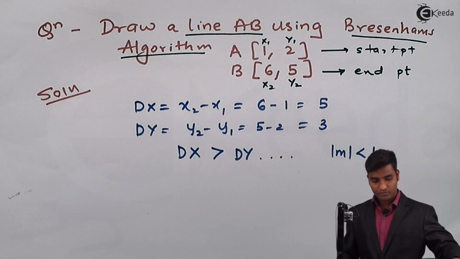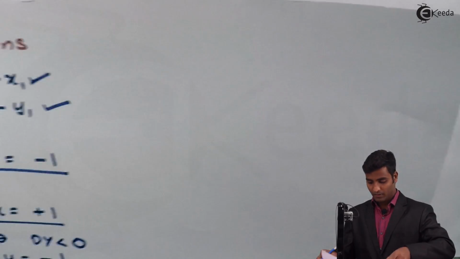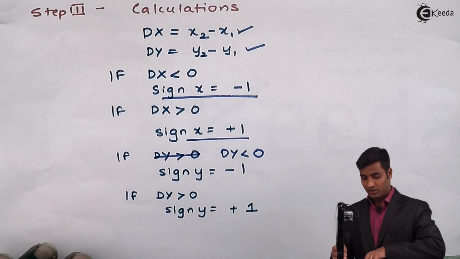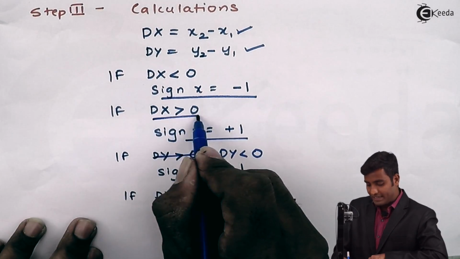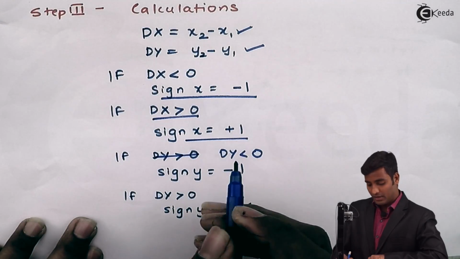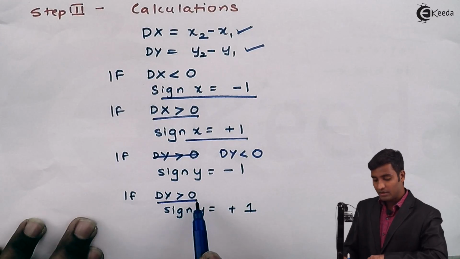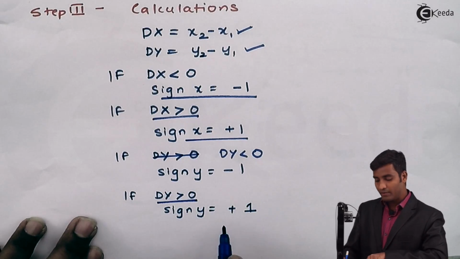So now you can see here we have dx greater than 0, which means that the sign x will be plus 1, and here dy is greater than 0, that is it is 3, so sign y will be plus 1.